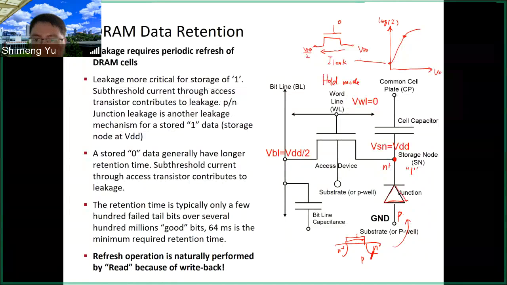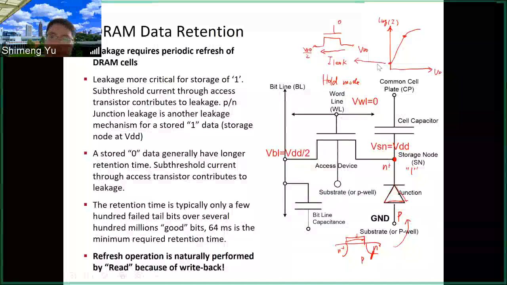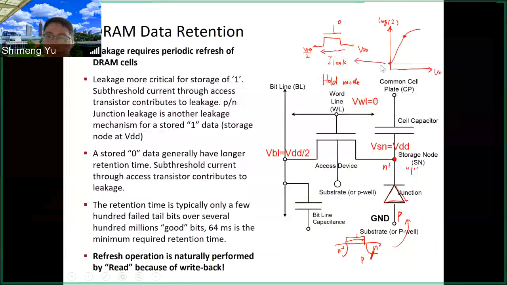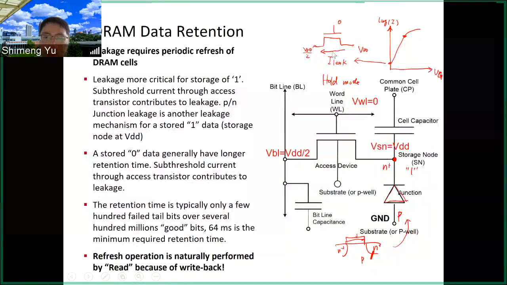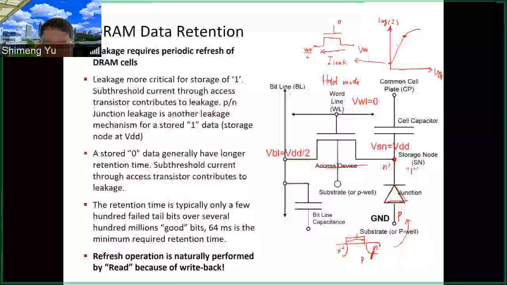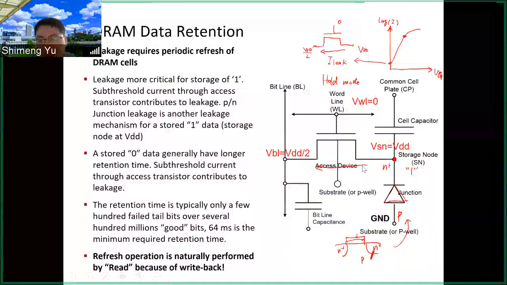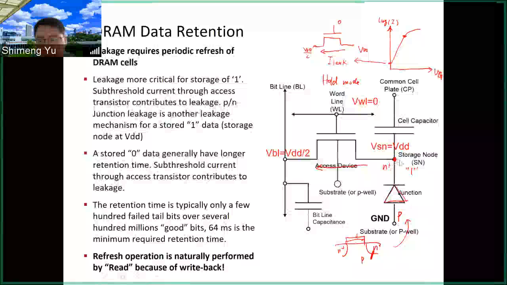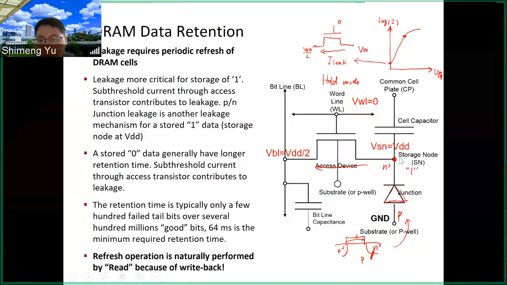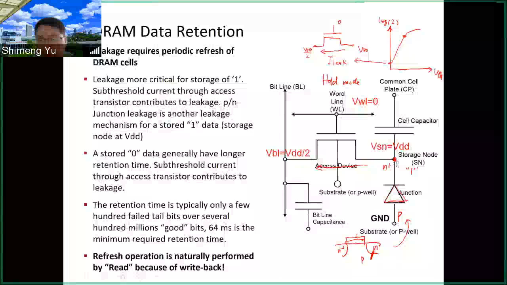So that is the leakage current. Sorry, this is ID versus VG. So here this leakage current is flowing, and this current is going to discharge this node. Although this is a small current, over time it will leak.